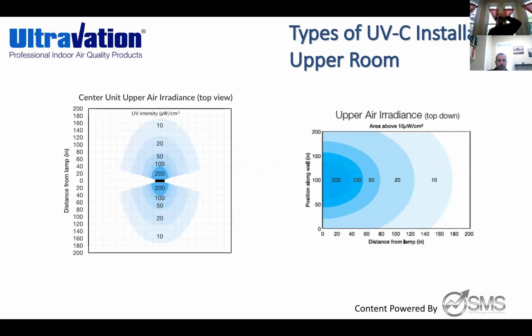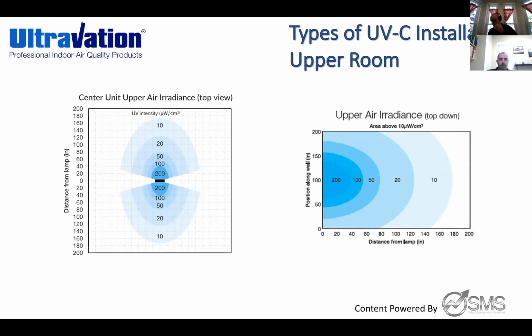Go ahead and jump to the next slide, and you'll also see the distance from the lamp and how the efficiency starts to drop. If you're looking at the left there, that represents the system from the top, and how the disinfection starts to lose intensity the further away you go. That is primarily the reason why you need multiple units, whether you're treating coils, whether you're treating in the Airstream, or whether you're doing an upper room application like this.